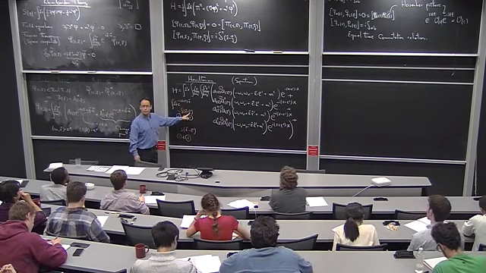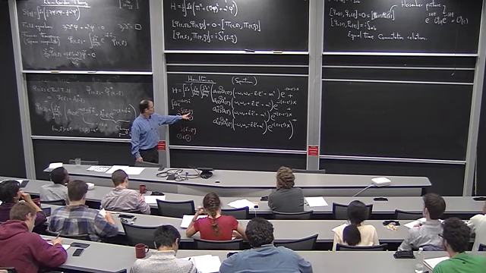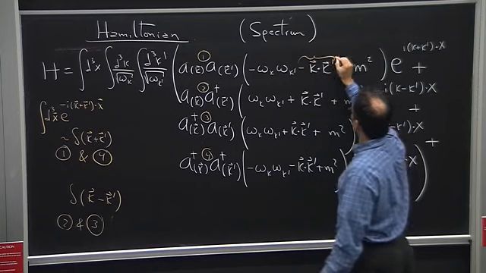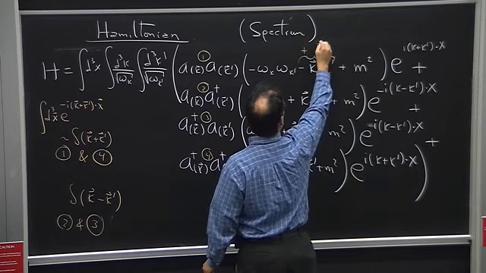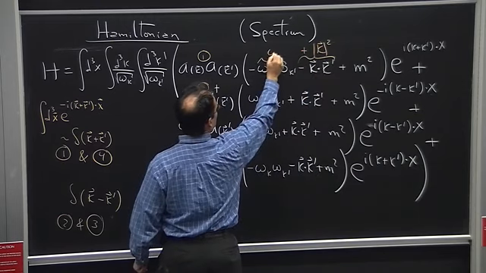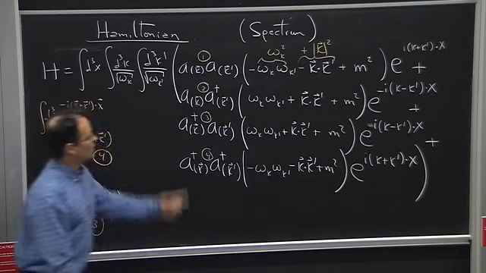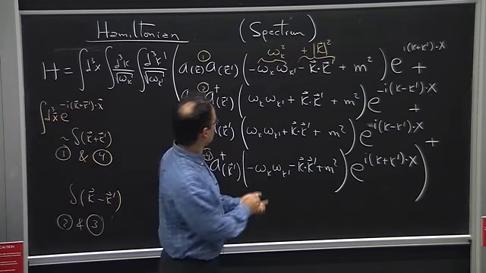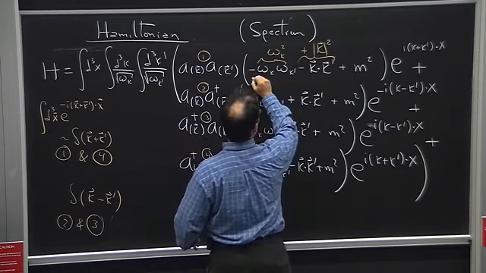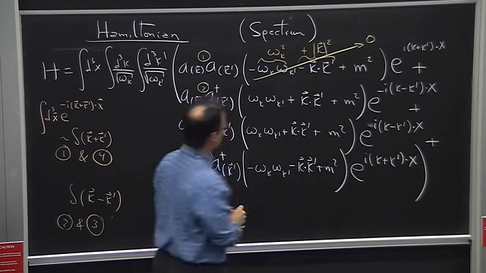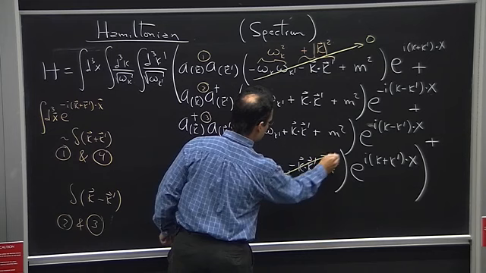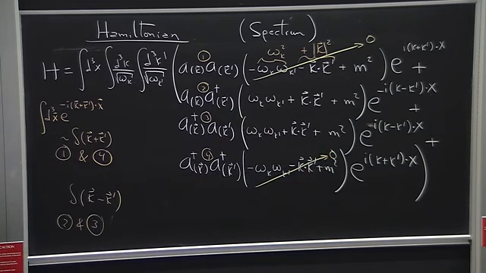If this is true, if k is equal to minus k prime, this then becomes plus k squared, and this becomes wk squared. And what do we get? 0. So this cancels out. So this is 0. And the same thing happens for this one, exactly for the same reason.